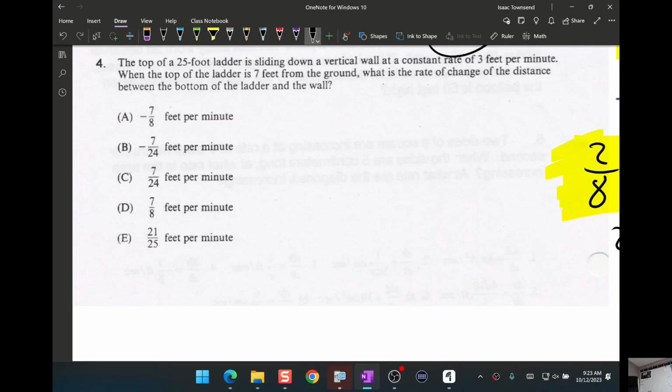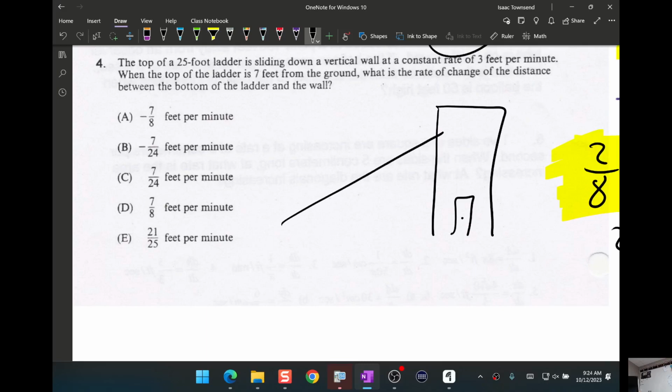All right, we've got a 25-foot ladder sliding down a vertical wall. And the ladder is moving down at 3 feet per minute.